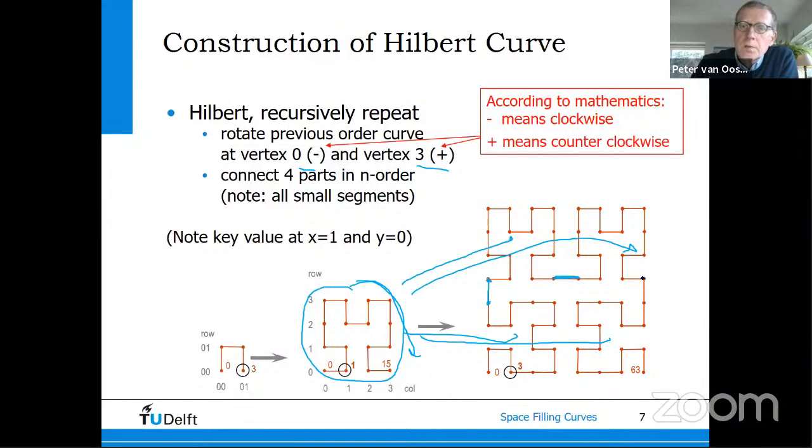And we are at the last point of the third curve, and that is then connected to the first point of the last curve, curve number 4. Here we are at the end of the curve. So we can number all the 8 by 8 cells or 64 cells from 0 to 63.